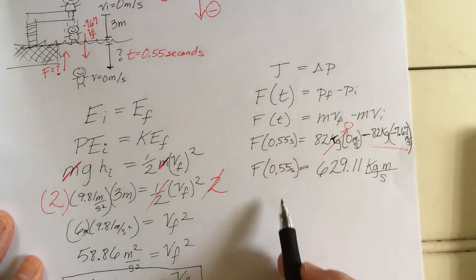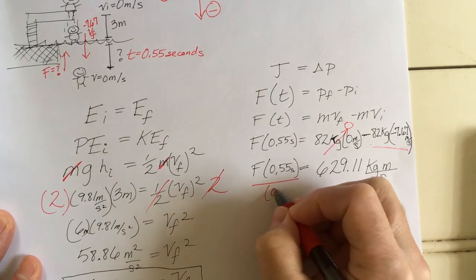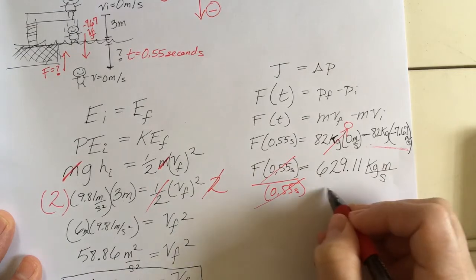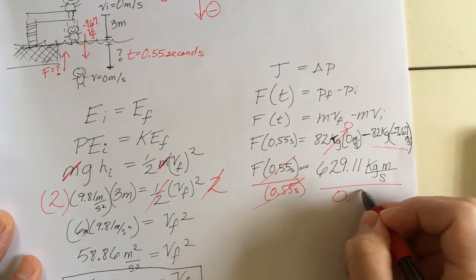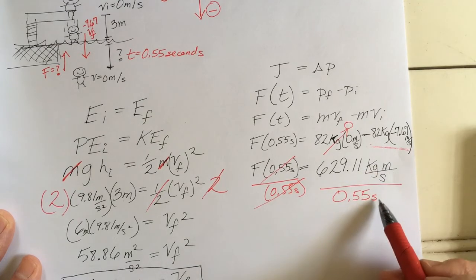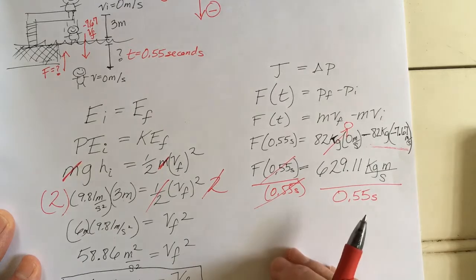But you can see now what we just need to do to wrap this up. Let's divide by that, and send the seconds over with it. This seconds gets to stay down here and join this seconds, so we're going to end up with seconds squared.